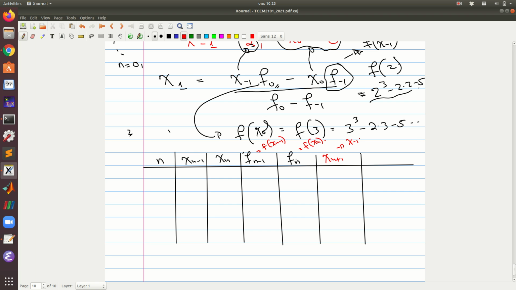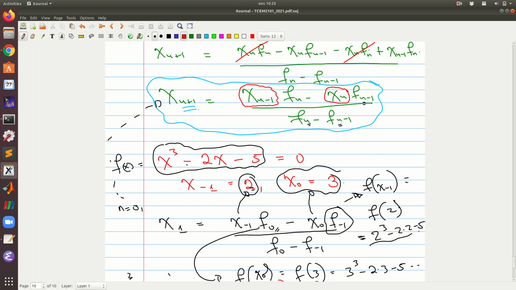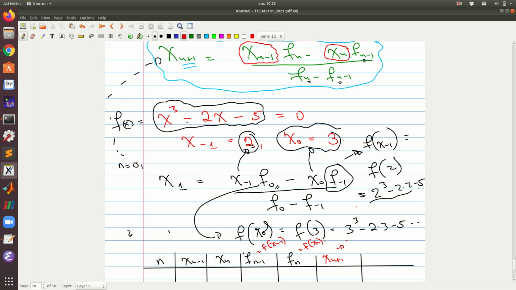In the general formula, since here we have n, it is xn minus 1 times fn minus xn times fn minus 1, divided by fn minus fn minus 1. And then how do we compute the error? Xn minus 1 minus xn, the absolute value.